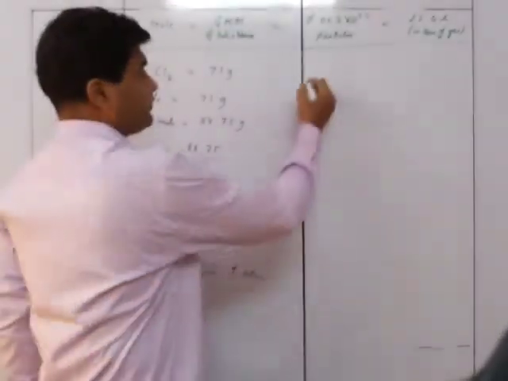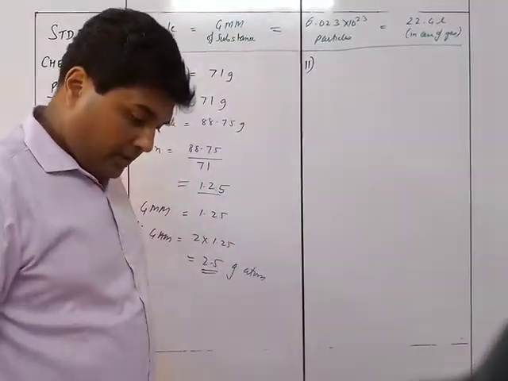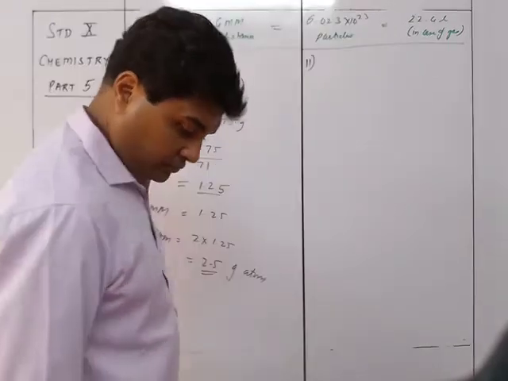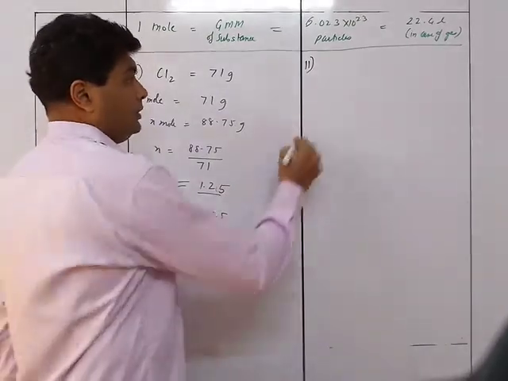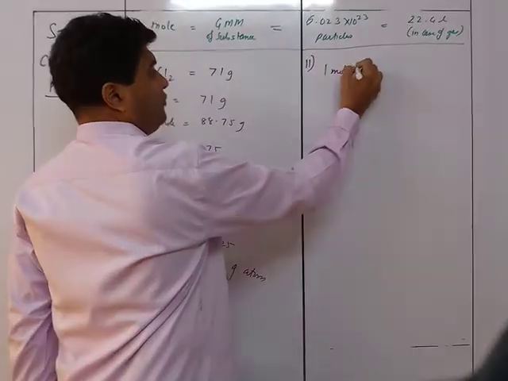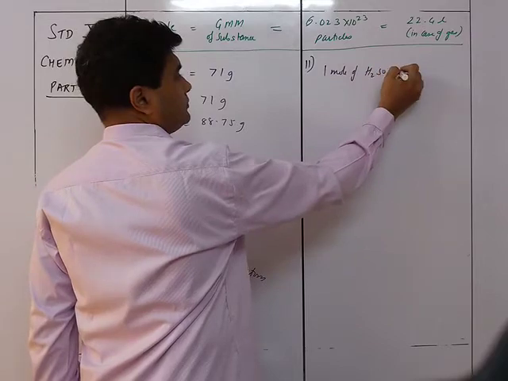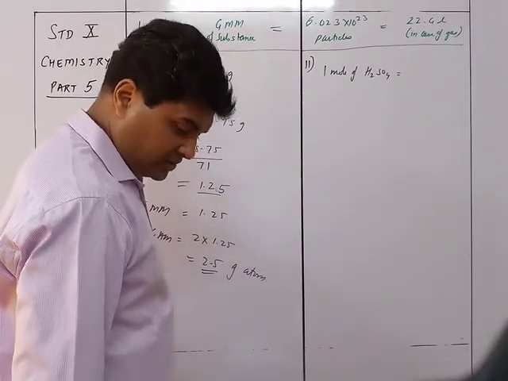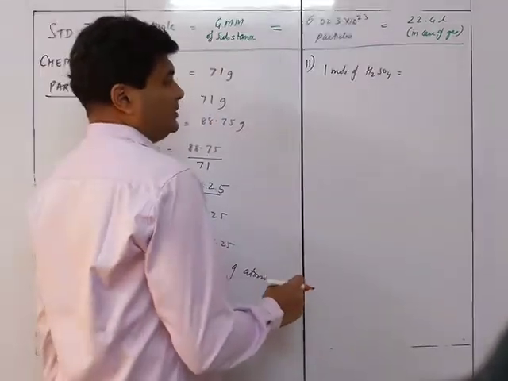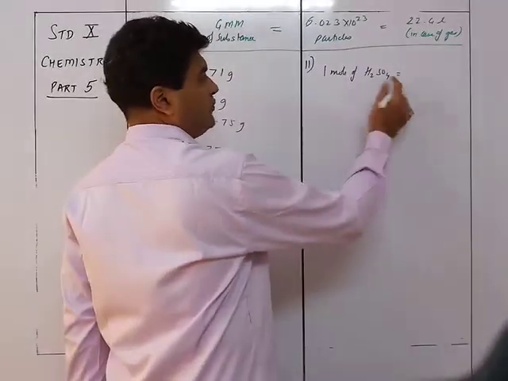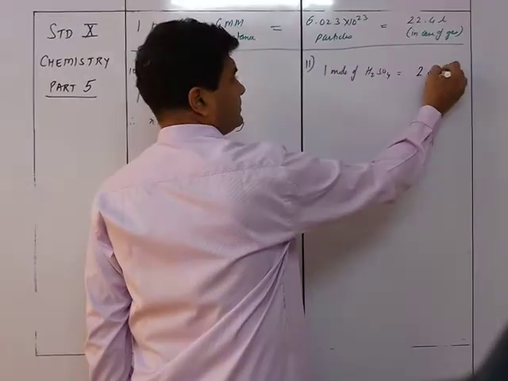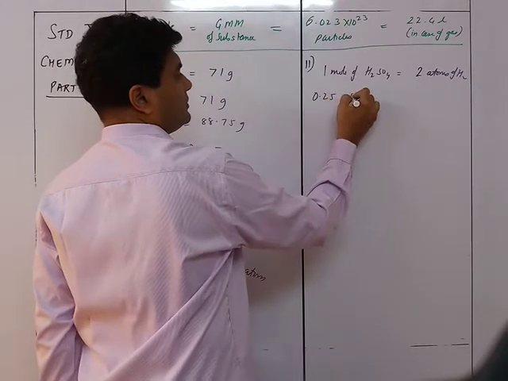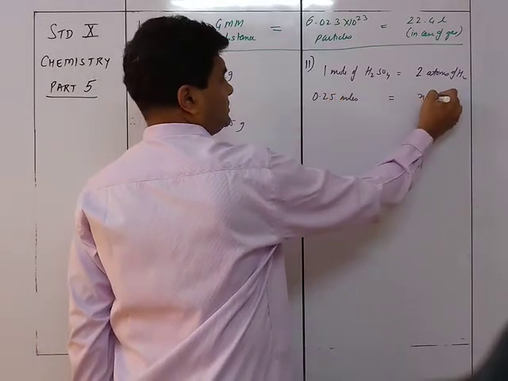Sum number 11. The number of hydrogen atoms in 0.25 moles of H2SO4. They asked us the number of hydrogen atoms. 1 mole of H2SO4 has 2 atoms of H. Therefore, 0.25 moles has X atoms.